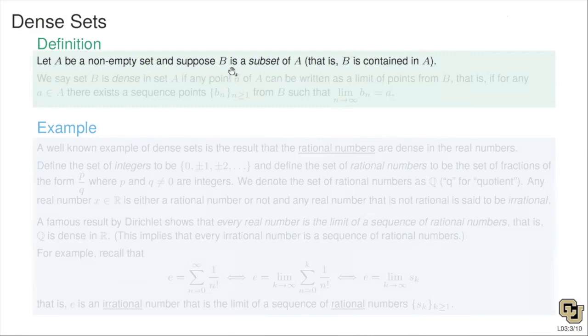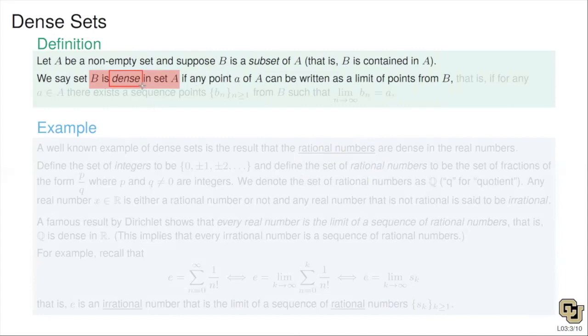So suppose A and B are sets, and that B is contained in A. The usual thing is we always draw a circle and say, this is the set A. And then now I have a set B contained in there. So we say that the set B is dense in A. The technical word here is dense.